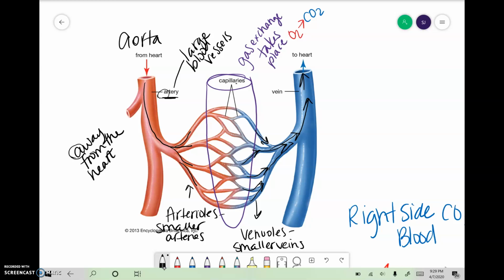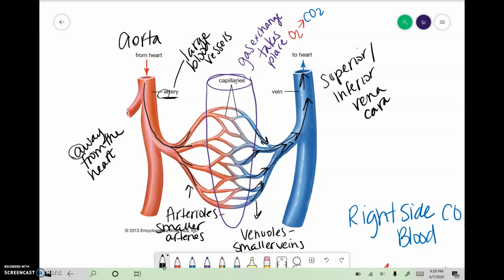Okay, and hopefully you remember the largest veins that we have, which are the superior and inferior vena cava. Okay, and then from there, guess what?